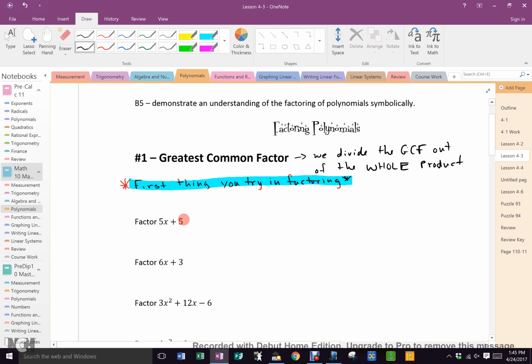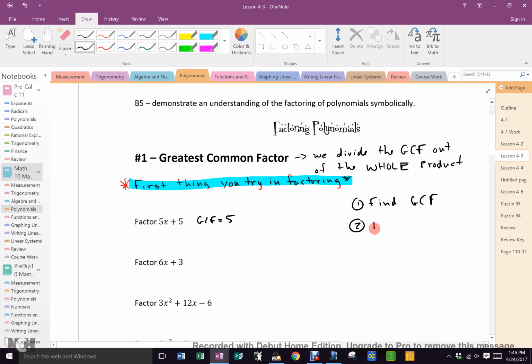Product or factors? Product. So step 1, find the GCF. So what's the GCF here? What's the biggest number that goes into 5 and 5? 5. So step 1, find the GCF, which we did. It's 5. GCF equals 5.